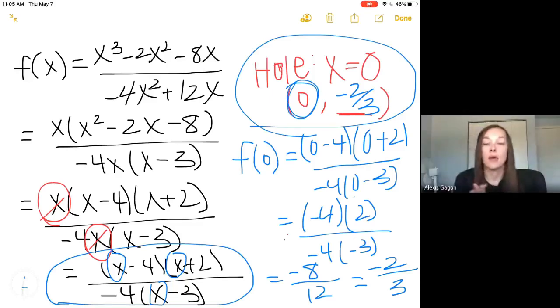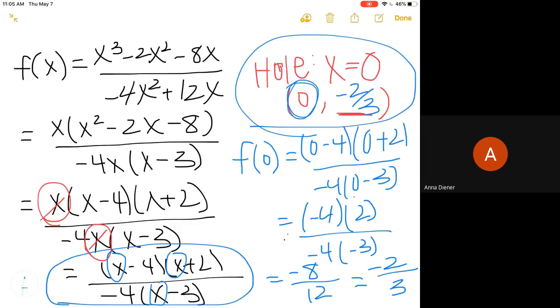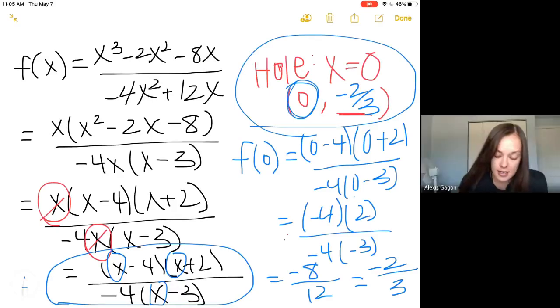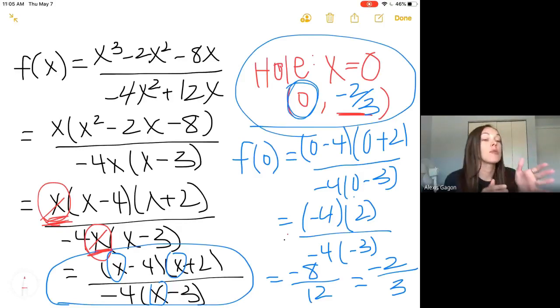Okay, any questions with that one? I'm a bit confused as to how you found the x value for the hole. Okay. Right here, you see how we canceled these x's? We had that common factor on top and bottom. Since there's that common factor, you set whatever it is equal to 0.